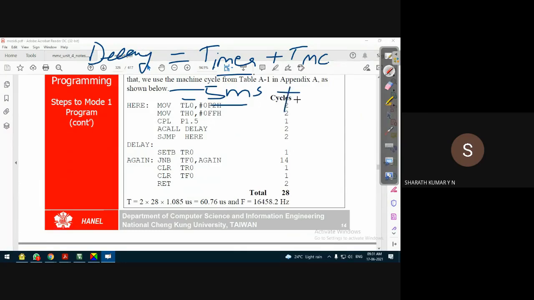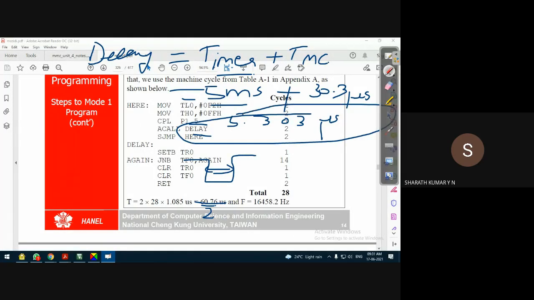Plus this is giving, if you take only one half cycle, around 30.3 microseconds. So the actual delay generated is 5.0303 milliseconds.